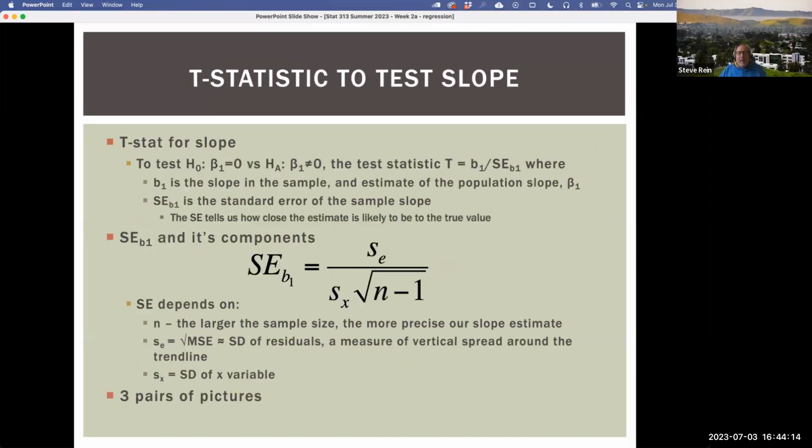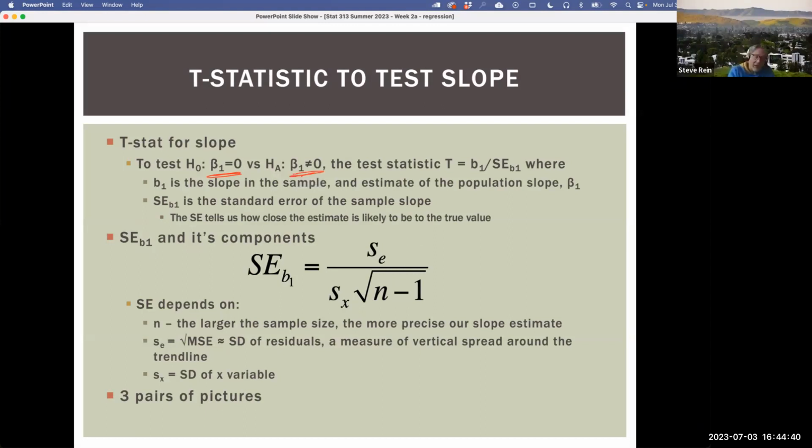So a t-test. You remember the t-statistic before had the difference of 2 sample means divided through by standard error. Our hypothesis test here is with a null hypothesis that there is no relationship at all between the explanatory and response variables, versus the alternative, there is a relationship.